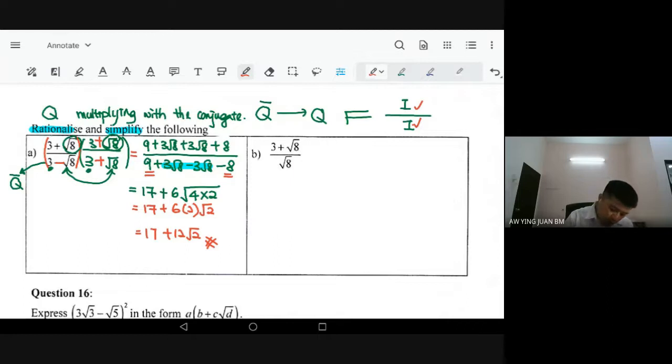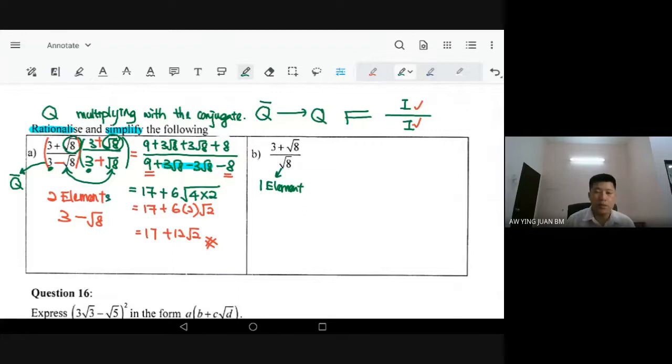So untuk ini 2 element, 3 minus square root of 8. 2 element. So conjugate dia adalah change the sign. Move on with the right hand side. Right hand side pun sama, tapi dia one element.